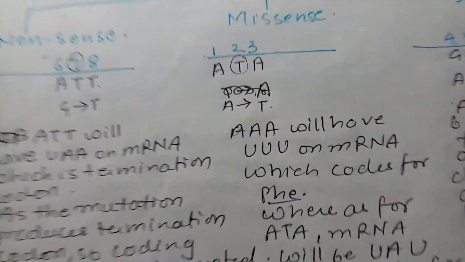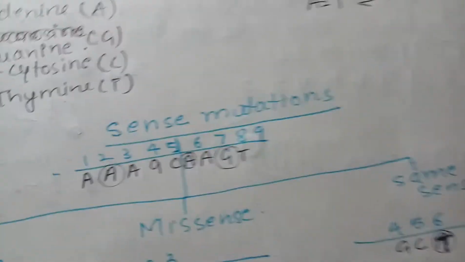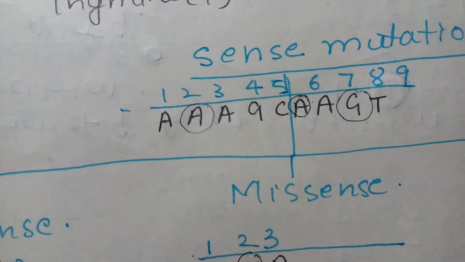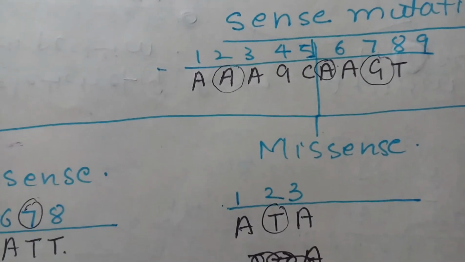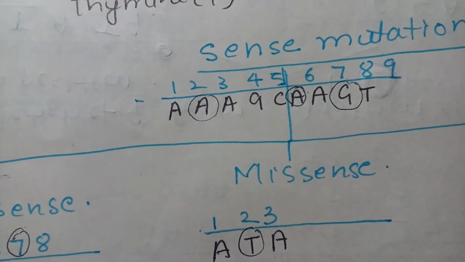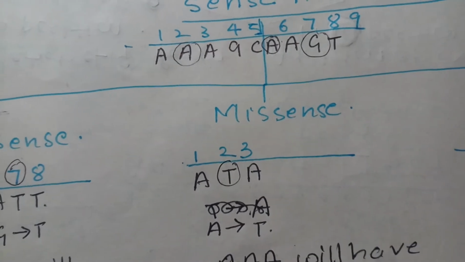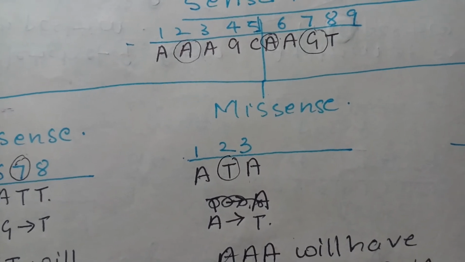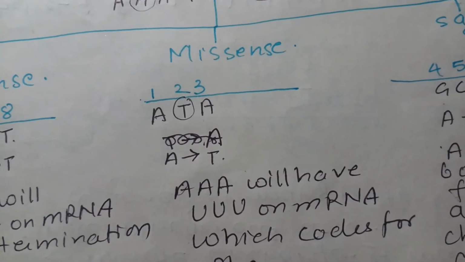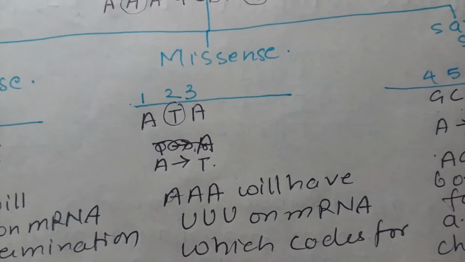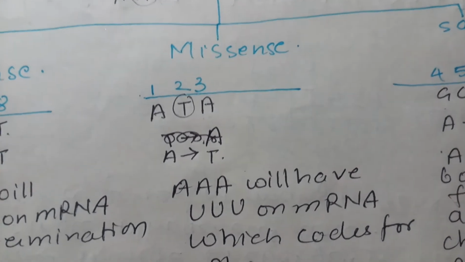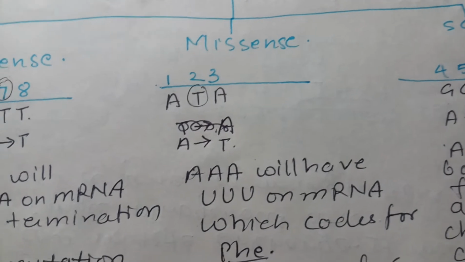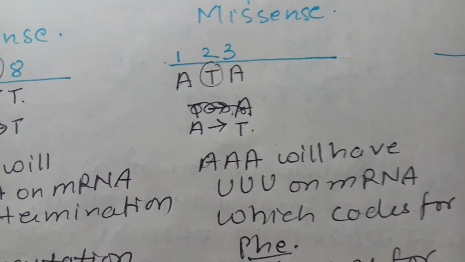Okay. Now look at positions 1, 2 and 3. It is AAA, where A over here is replaced by T. So AAA is replaced by ATA. When AAA was present, its mRNA was UUU, which codes for the amino acid phenylalanine.